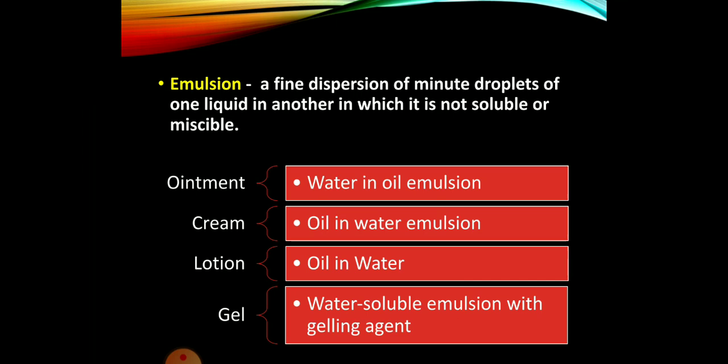So all these are the cream forms, but the exceptions are there. The lotion is basically oil in water, and gel is water soluble emulsion with gelling agents. So that is the special characteristic of gel, and gel, as I said, is mostly used in acne prone skin.